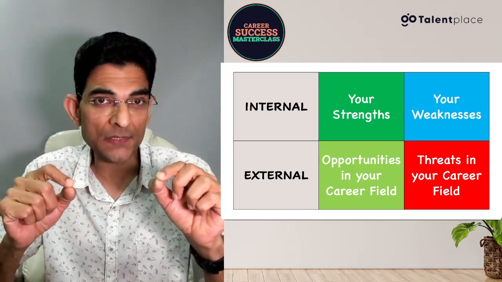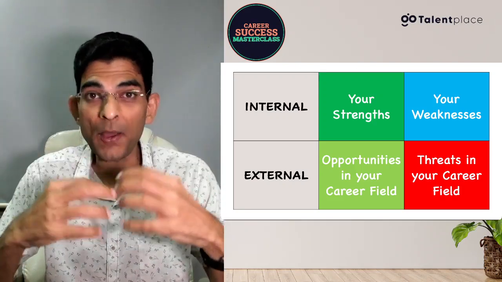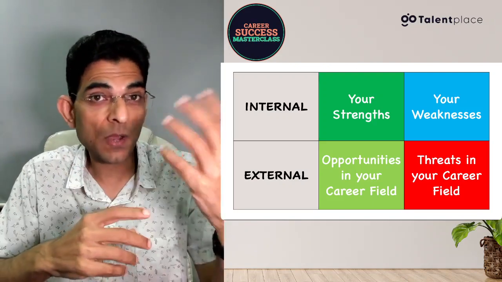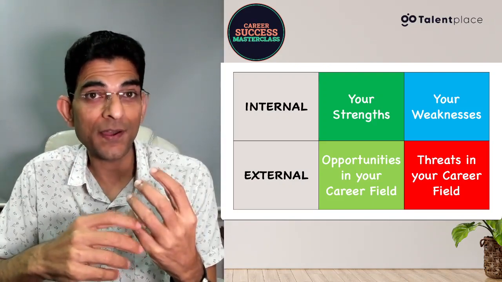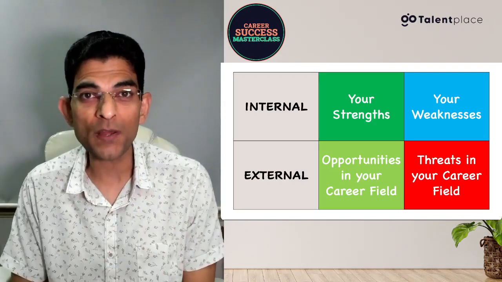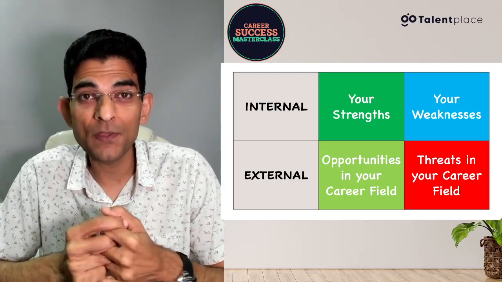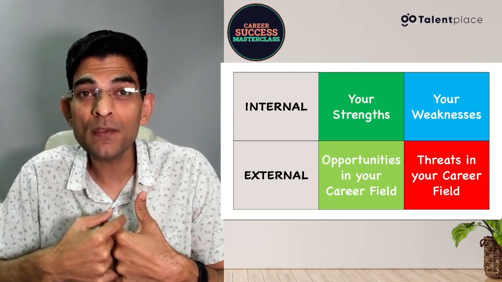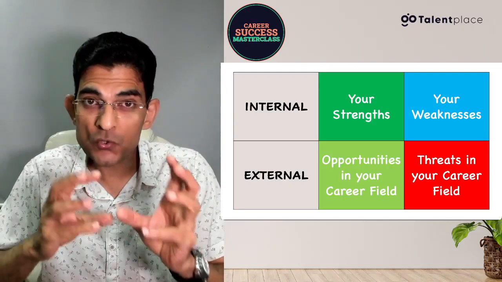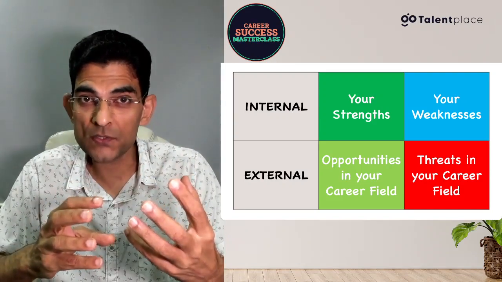So these are internal things: my strengths, my weaknesses. But opportunities and threats come from outside. I don't have an opportunity inside me, right? There has to be somebody to buy my product or buy me, for that example. Then I'll have some value to it. So opportunities and threats are the external factors.